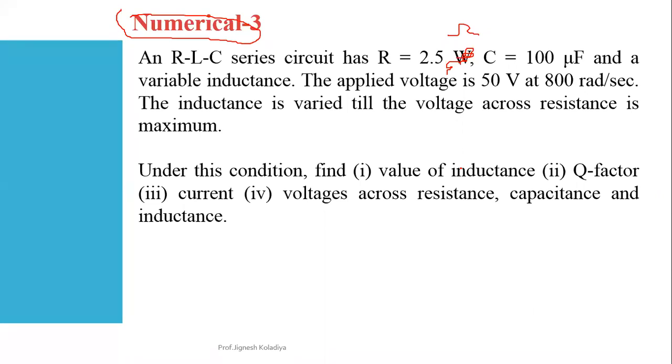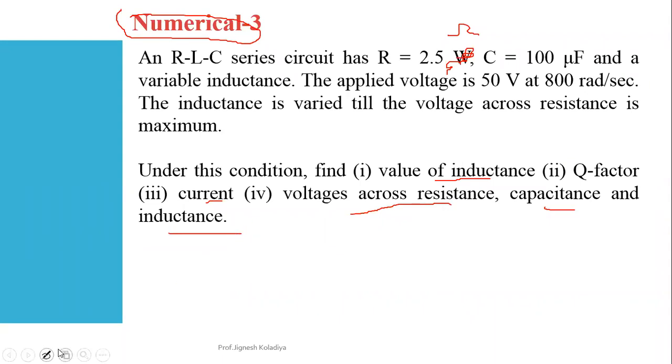The applied voltage is 50 volt at 800 radian per second. The inductance is varied till the voltage across resistance is maximum. Under this condition, find the value of inductance, Q factor, current, voltage across resistance, capacitance, and inductance.